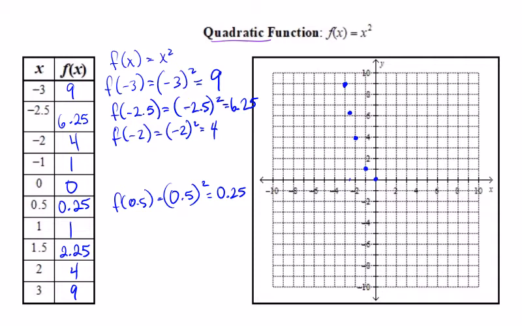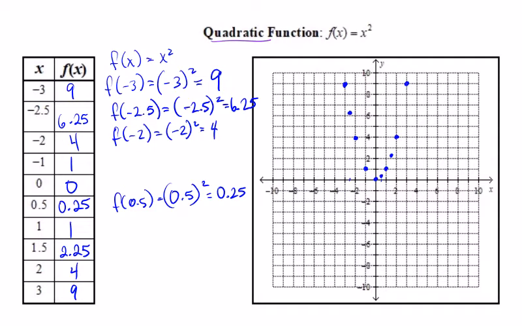And then 0.5 and 0.25 is about right here. 1, 1. 1.5 and 2 1/4, about right here. 2, 4. 3, 9.